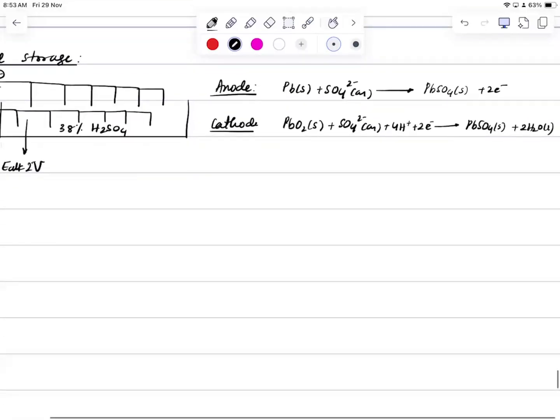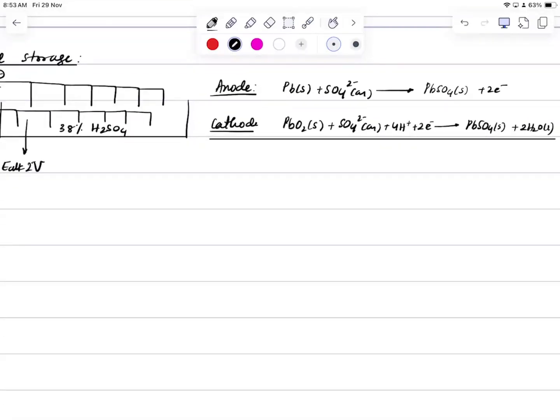Okay. Overall reaction, if you notice, will be Pb plus PbO2 solid plus 2H2SO4, which is giving 2PbSO4 plus 2H2O liquid.